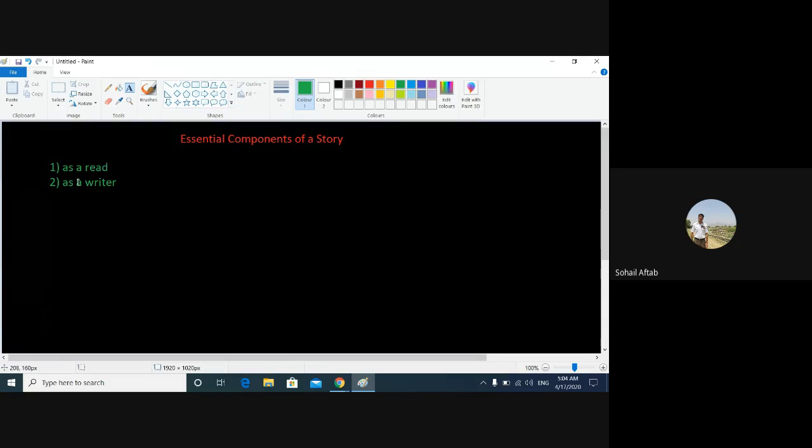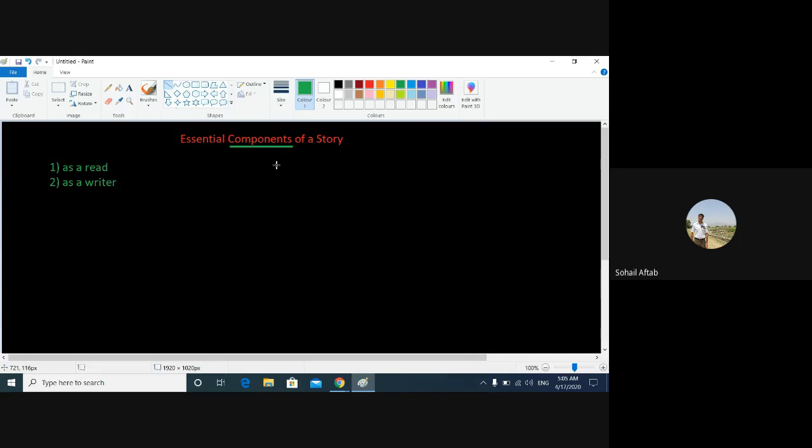For example, as a reader, you must know what are the important components of the story which you are reading so that you may easily understand the story. Let me underline the word components. Why? Because most of my lesson today will revolve around these components.